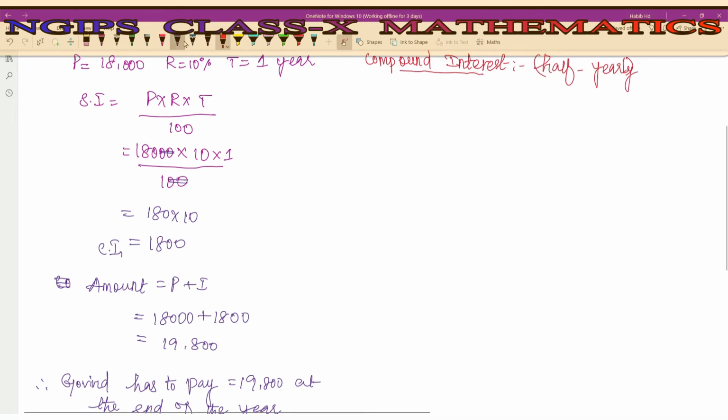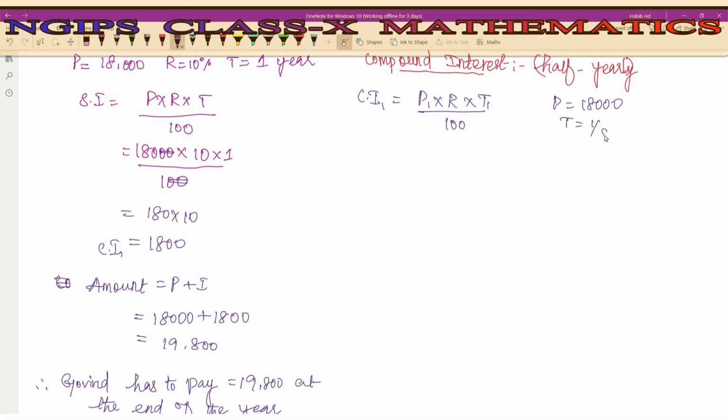So in this, first we are going to calculate the compound interest for the first half year, P into R into time period divided by 100. So we have principal is equal to 18,000, time period is half year, and the rate of interest is equal to 10%.